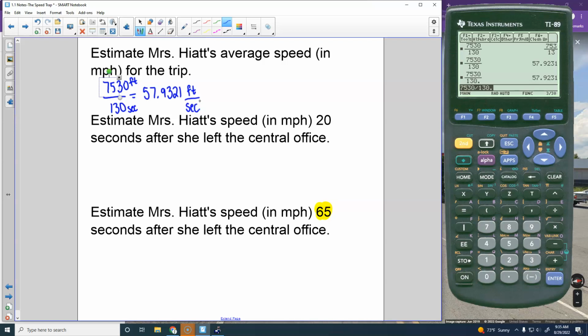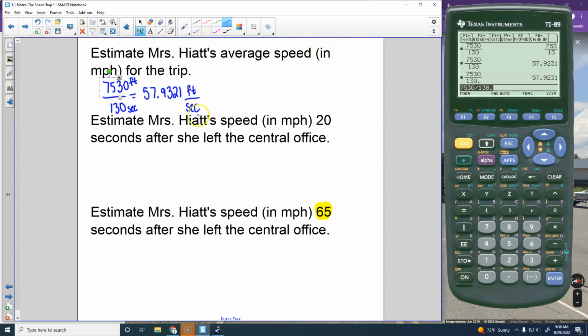Okay, so we're not going to do a ton of this, so I'm not going to go through in depth. But for these, we have to change that to miles per hour to really answer this question, because 57 feet per second, unless you really do a lot with feet per second, you don't know how fast that is in miles per hour without converting it.